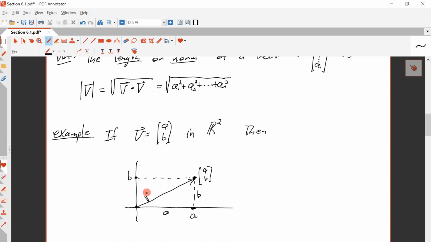So by the Pythagorean theorem, this length right here is the square root of a squared plus b squared, which is the square root of v dot v. Sorry, the length of v.